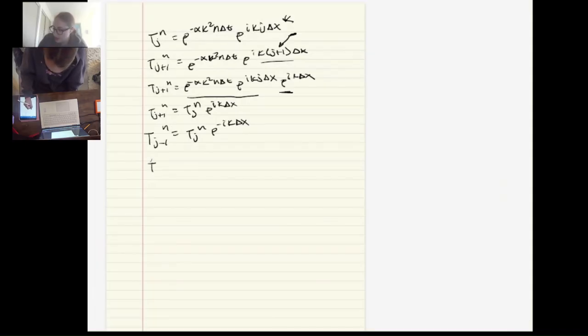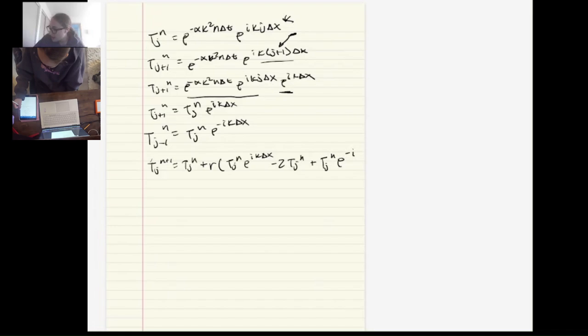So we have T_j^{n+1} is equal to T_j^n plus r. The first thing that we have is we're going to keep this all in T_j^n. So the first one is T_{j+1}^n, e^{ik delta x}, minus 2T_j^n, and then plus T_j^n e^{-ik delta x}.